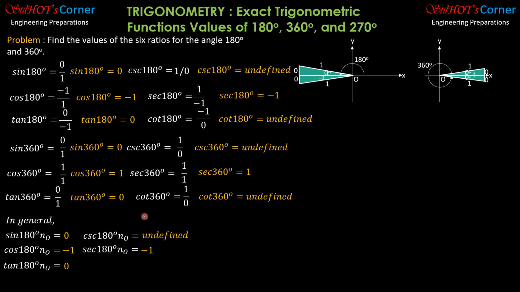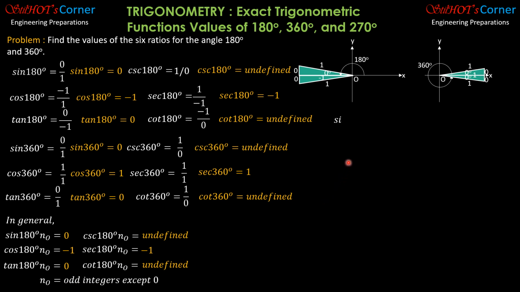And its reciprocal is cotangent, negative 1 over 0, so it is undefined. So take note that here N sub O is an odd integer excluding 0, because when N sub O is 0, the whole angle would be 0. So that's why we do not consider 0. And N sub O is odd integers.